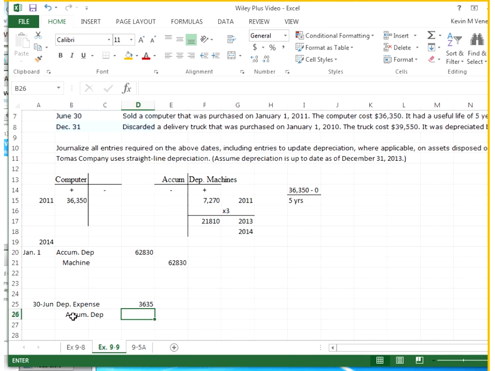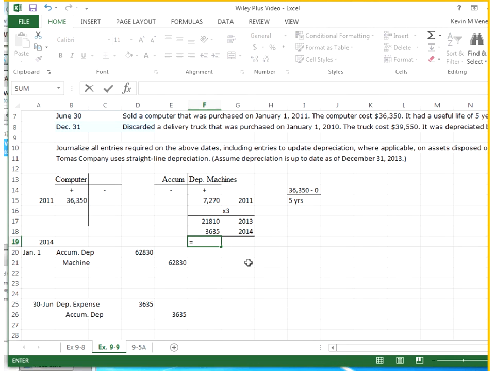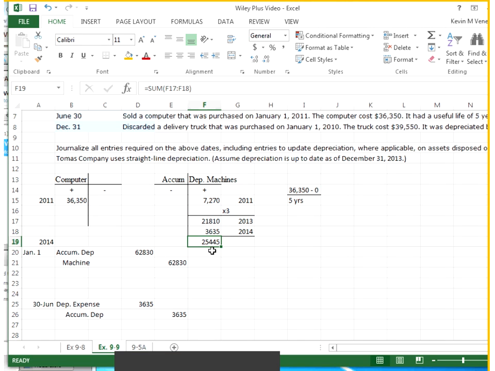Credit my accumulated depreciation for this computer for 3,635. Put in the 3,635 here as a 2014 entry and get one final, now updated, accumulated depreciation total. I now have depreciated $25,445.